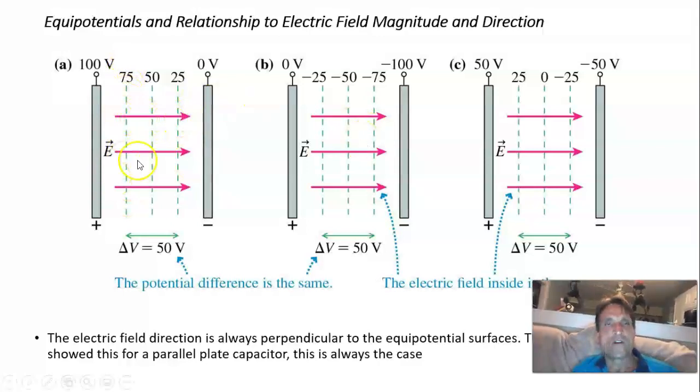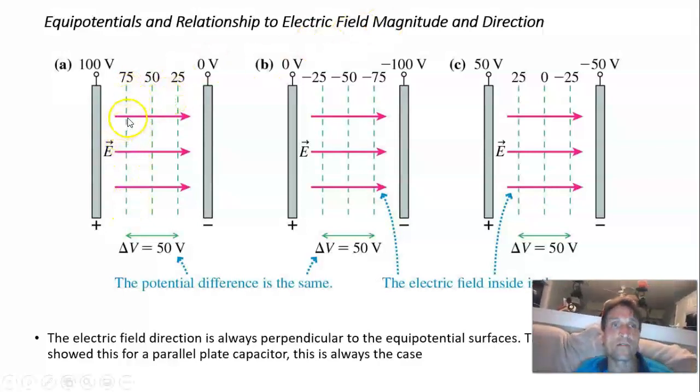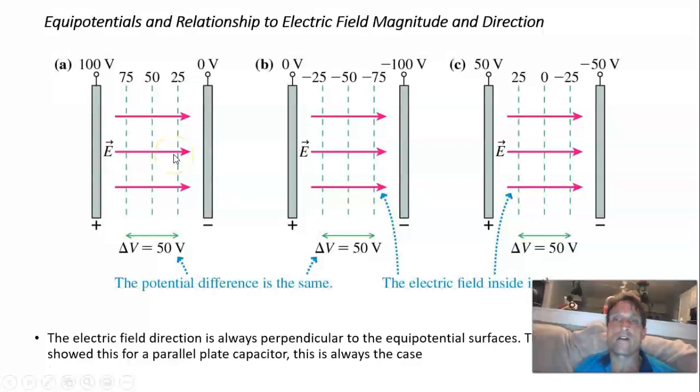And although we're drawing this for a parallel plate capacitor, this holds in all cases. So if we find these equipotential surfaces, the location of all the points of constant voltage, the electric field direction will always be perpendicular to these equipotential surfaces, and it will always point from more positive toward more negative potential. So this applies all the time. We just showed it here for the case of a parallel plate capacitor.